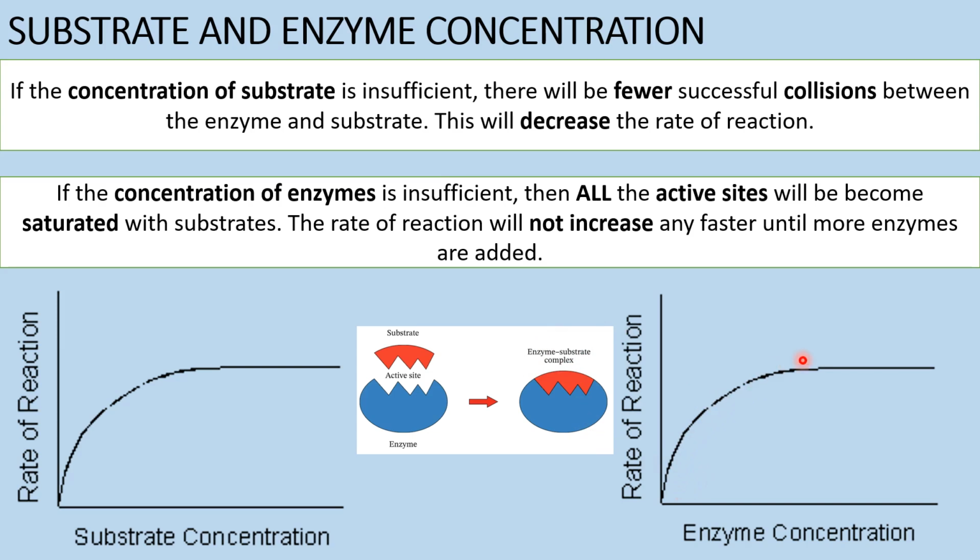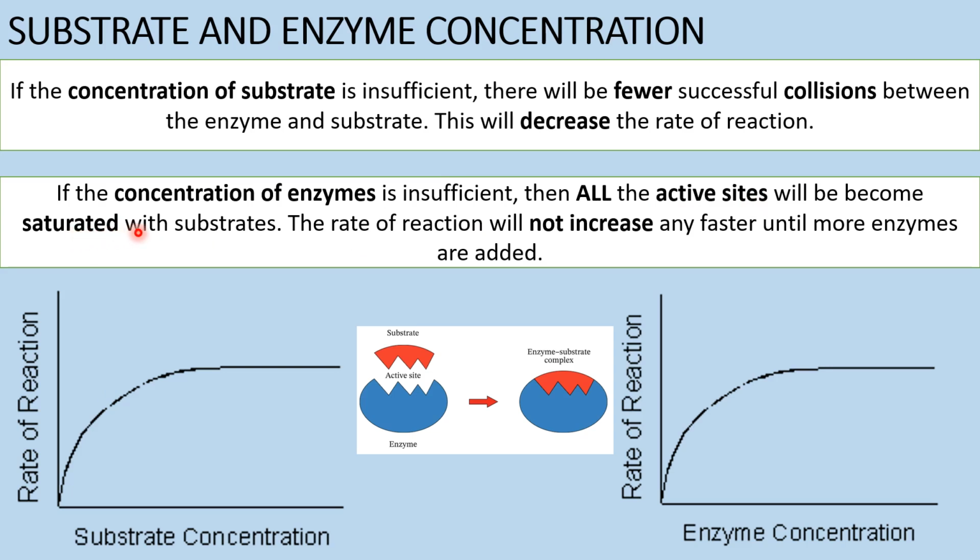You can see me over time and so many times using the words enzyme substrate complexes, active site, substrate, collision, because these are the words you have to mention to get those marks. If the concentration of enzyme is insufficient, is less, then this means all the active sites will have become saturated, have become occupied with substrates.